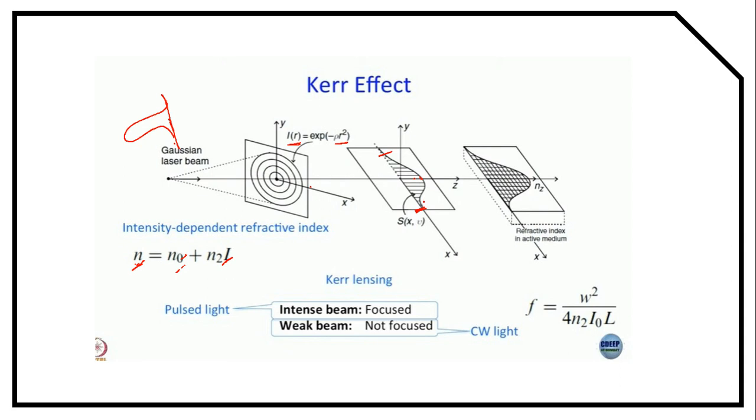Due to this change in the refractive index, we get a variable density. Therefore, the n profile in this particular direction for this active medium will form a shape which concludes that the refractive index at the corners is less and the refractive index in the center is more.